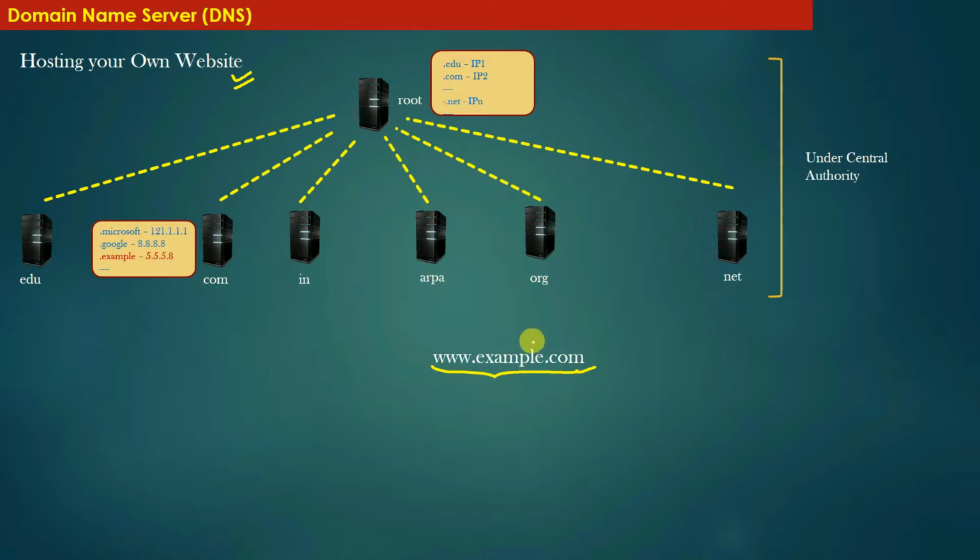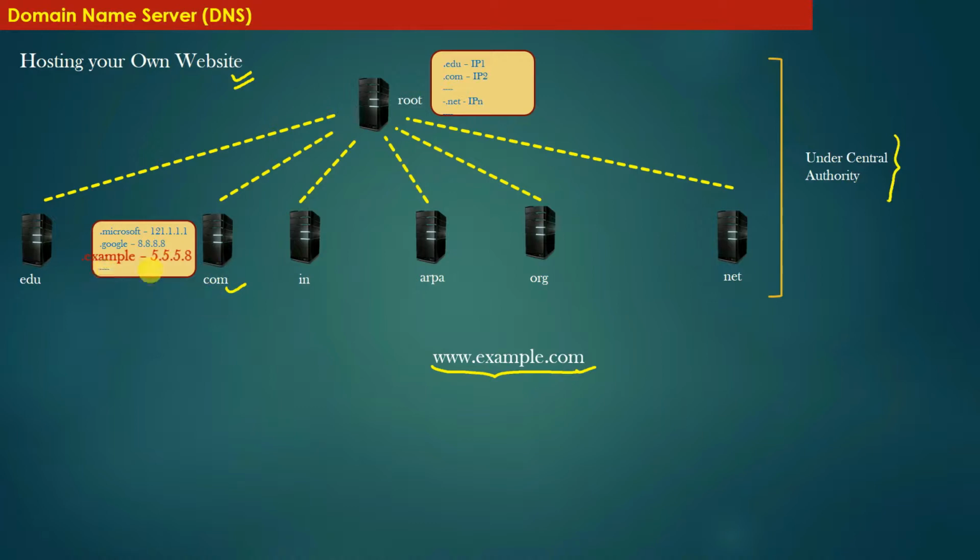So in order to make your website publicly accessible to the rest of the world through the website domain name, the very first thing that you need to do is to have your domain name entry registered in the top level domain name server called .com. For that, you have to request this central authority to insert an entry in the DNS database of the .com top level domain name server.